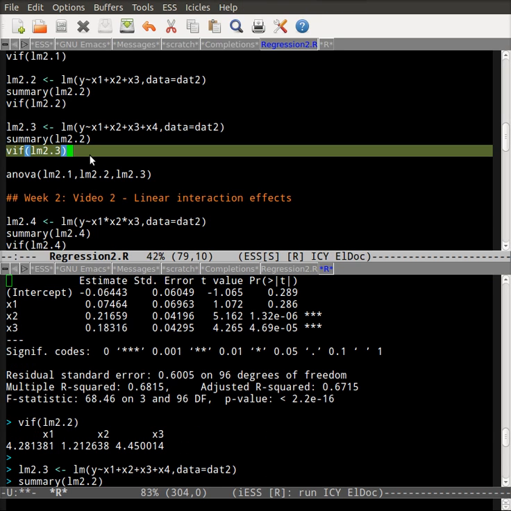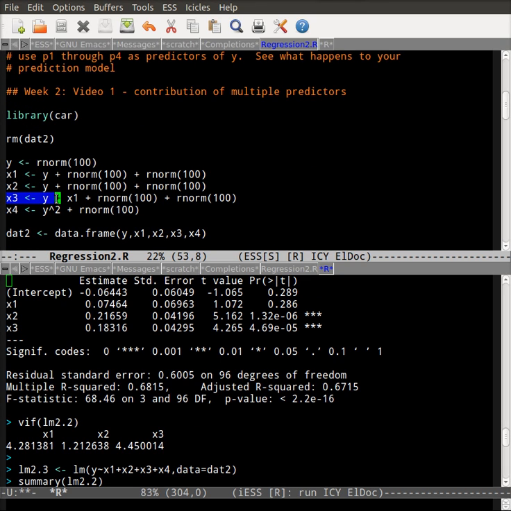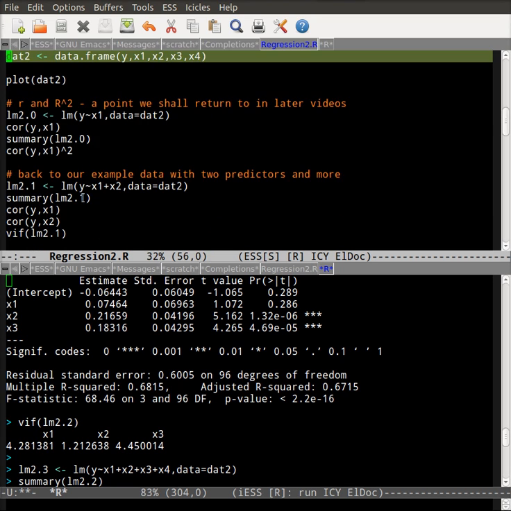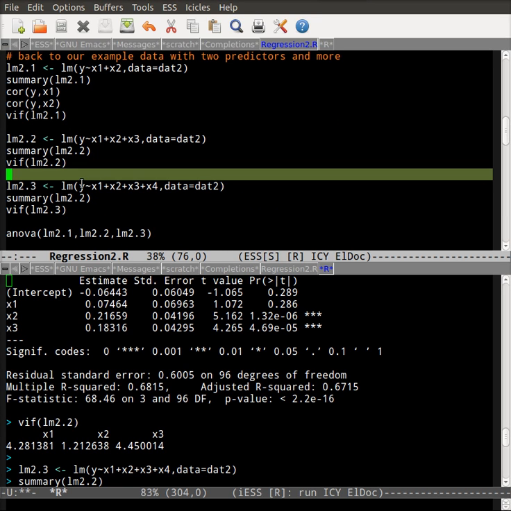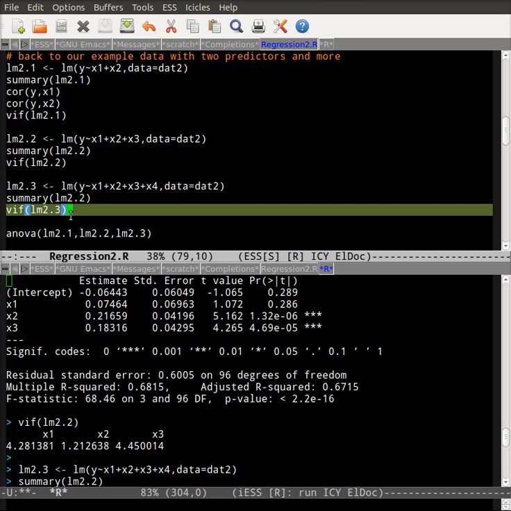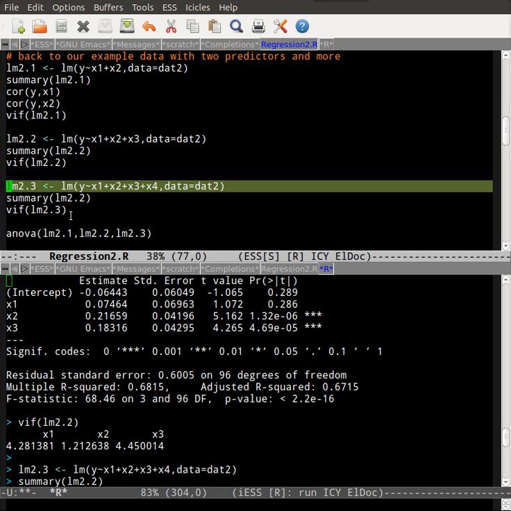The reason for that is I modeled it that way. You'll see here x3 has common variance with y and with x1. So x1 and x3 should be correlated, and they are. Now we're seeing high multicollinearity, and when I include x3 in the model, all of a sudden VIF goes up.